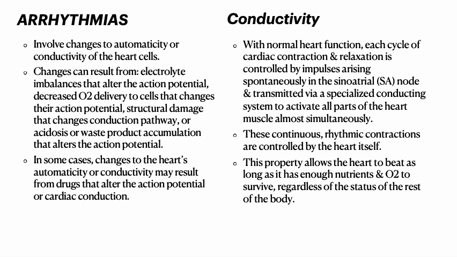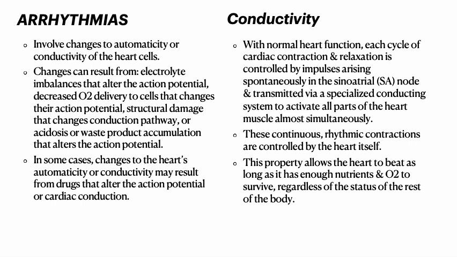With normal heart function, each cycle of cardiac contraction and relaxation is controlled by impulses arising spontaneously in the sinoatrial or SA node and transmitted via a specialized conducting system to activate all parts of the heart muscle almost simultaneously.